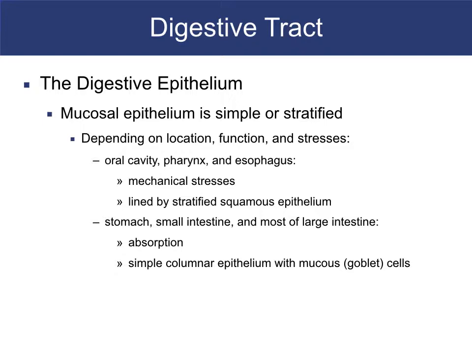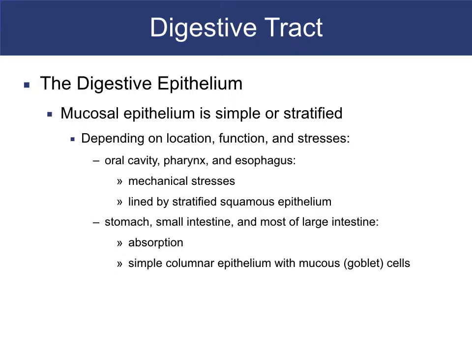Well, when you first put stuff in your mouth, it hasn't been digested at all, so it can have sharp edges and things, and so you don't want it to scrape the inner linings of your bowel. And because you don't want it scraping things, there are significant mechanical stresses there, so it's lined by stratified squamous epithelium.